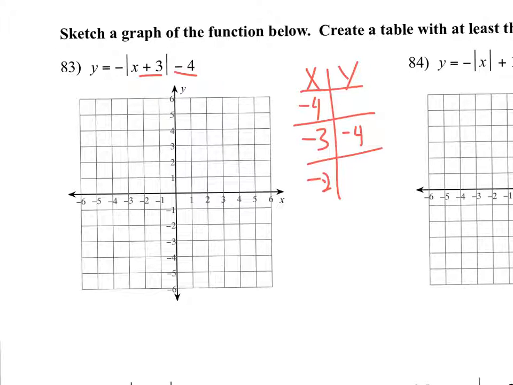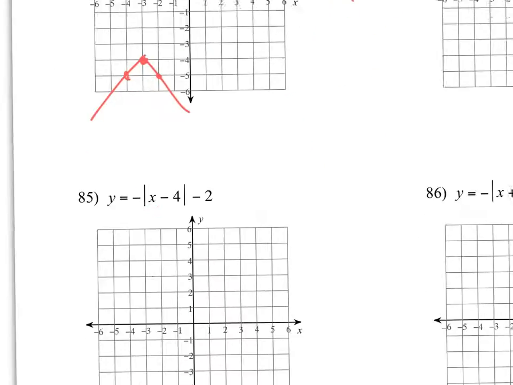And when I do that, I find I get negative 5 and negative 5 as an answer for both of these. So negative 3 comma negative 4. Going down 1 on either side to get an upside down V. It's very important that you do the absolute value as a V graph and not a U graph. This is not a parabola.